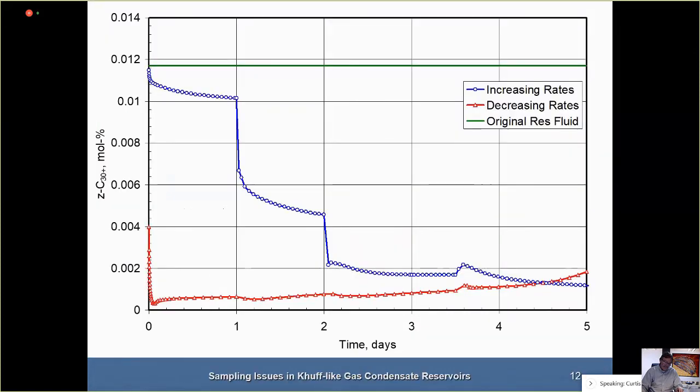Yeah, and this is the amount in the well stream of the C30 plus, the very heavy component. Correct number up here is shown here. And for the decreasing rate, you see it's never even close. It's not really close as you get to higher and higher rates here.